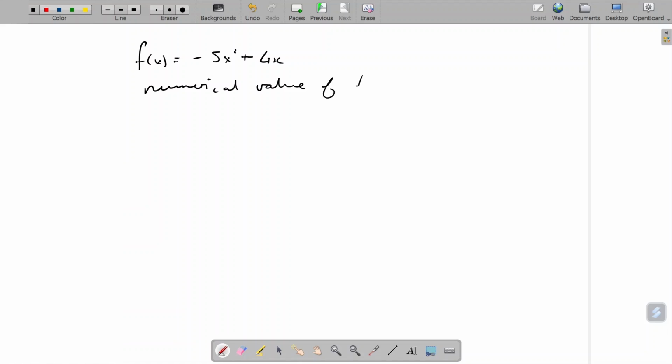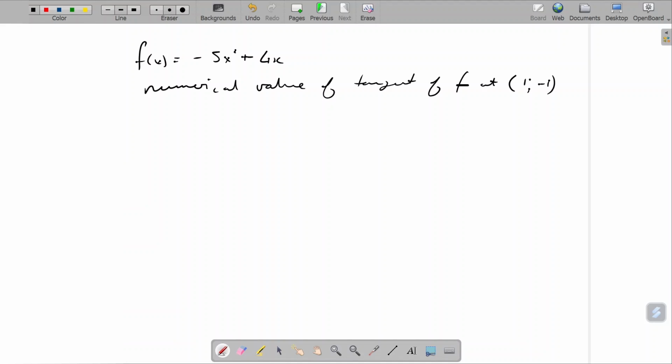of the tangent at the point of f at the point 1, minus 1. Okay, that's the first part of it.